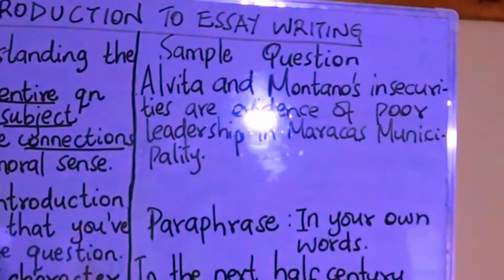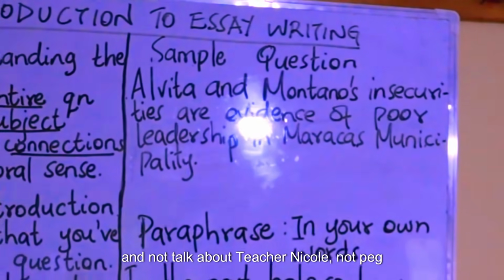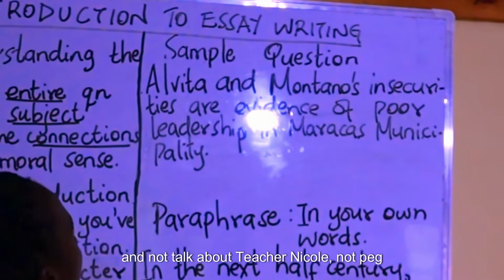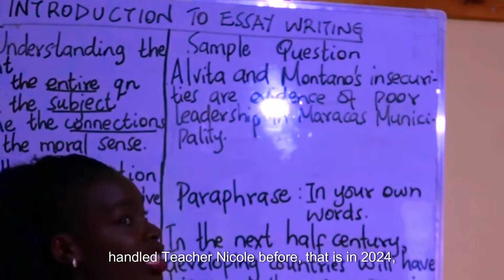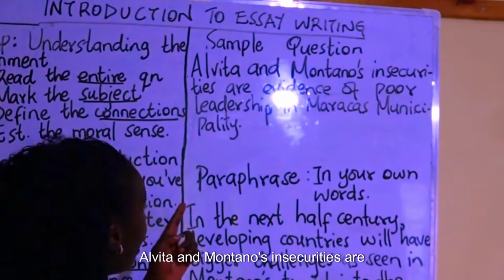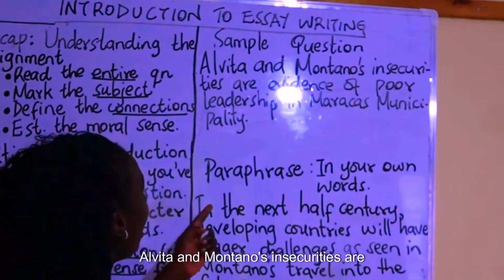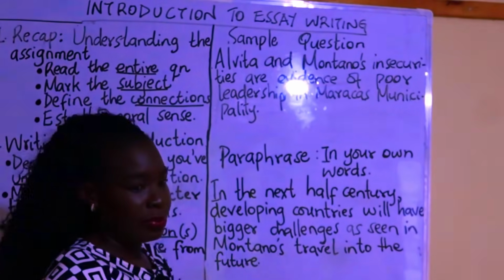So if we had an equivalent of last year's question and not peg on Teacher Nicole because we have handled Teacher Nicole before, that is in 2024, then this would be it. Alvita and Montano's insecurities are evidence of poor leadership in Maracas municipality.